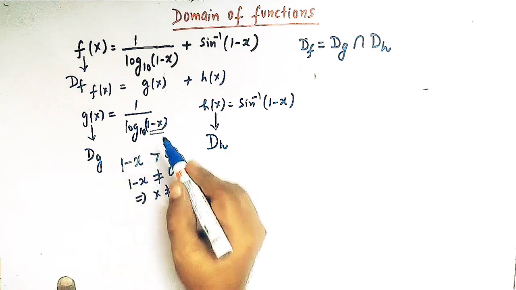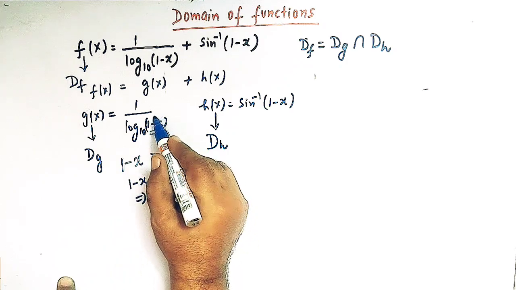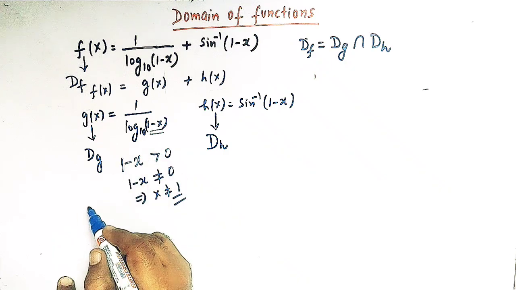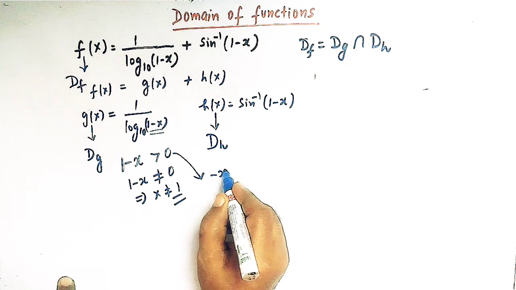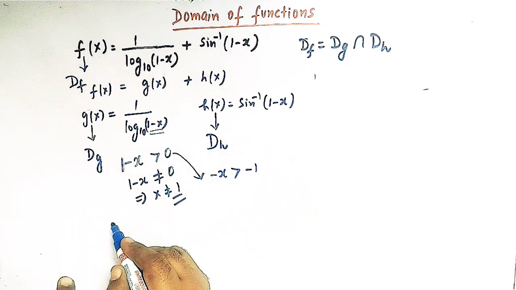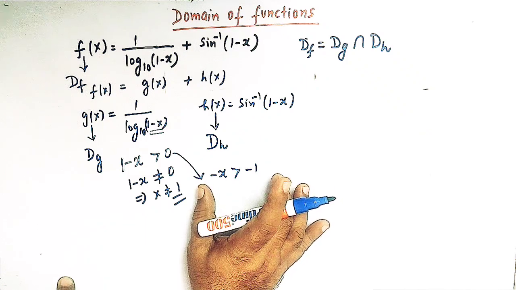So here we have 1 minus x should be greater than 0, because here 1 minus x should be a positive quantity, right? So solving this inequality we get minus x greater than minus 1, taking 1 to the right hand side and then multiplying both sides by negative 1.